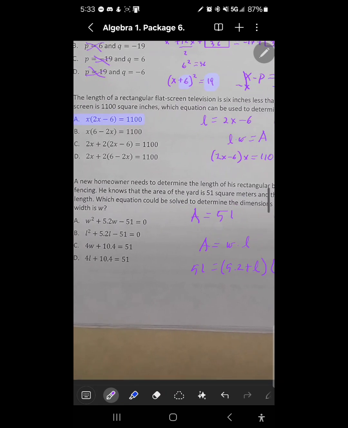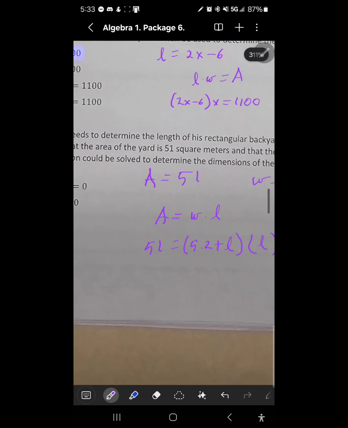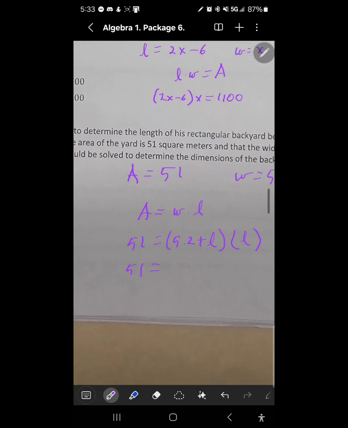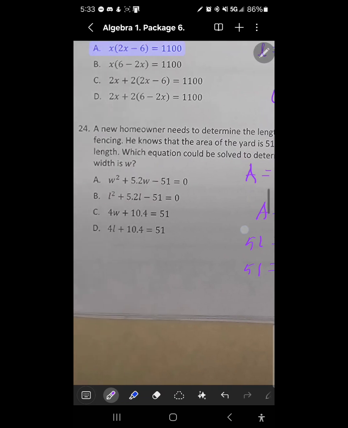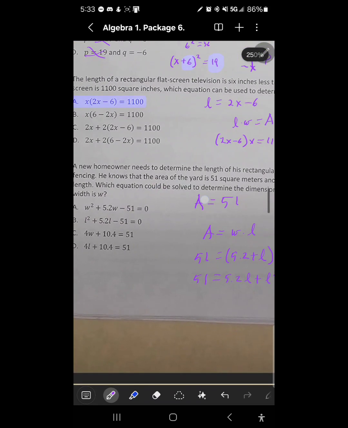Now we do need to solve this. So it will be 51 equals 5.2 times L is 5.2L. L times L is L squared. Is this any of the options?